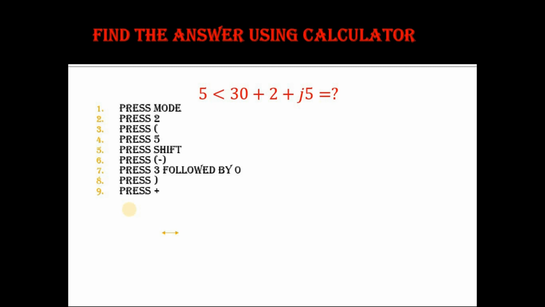Plus, enter plus, then open bracket, enter 2, then plus and enter 5. Now press ENG button.